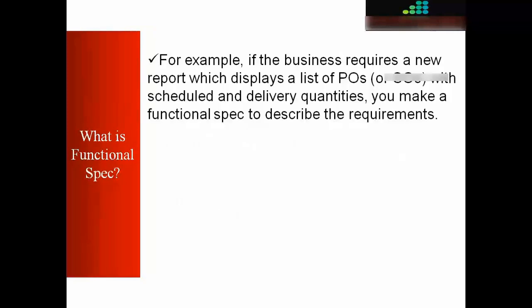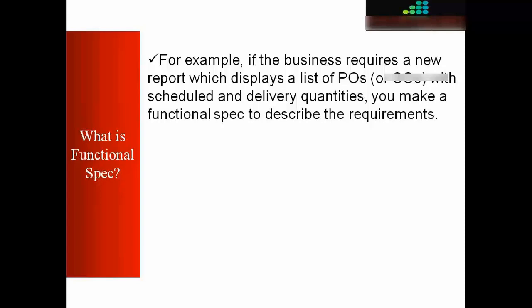For example, if the business requires a new report which displays a list of, say, the pending purchase orders with the item details as well. It can be pending production orders or pending sales orders with the item details. So the business wants to have the details of open documents like this with scheduled and delivered quantity. You make a functional spec to describe the requirement.